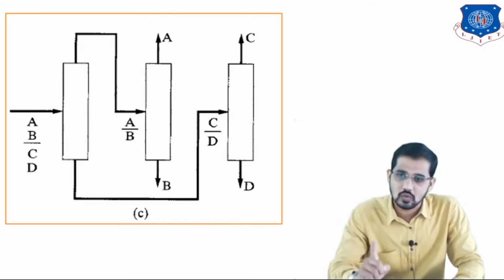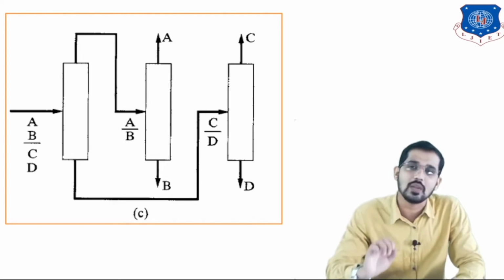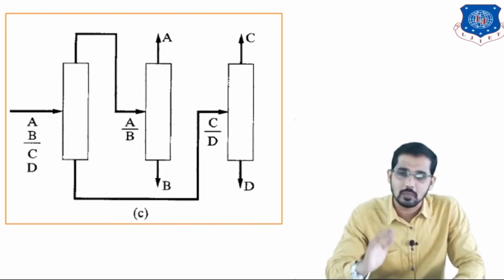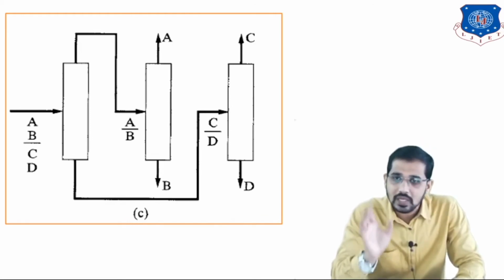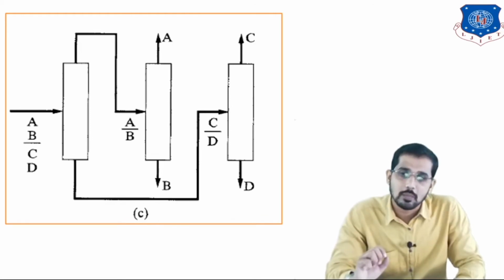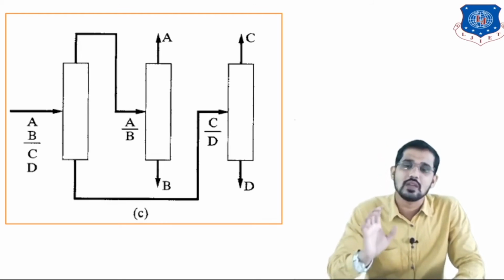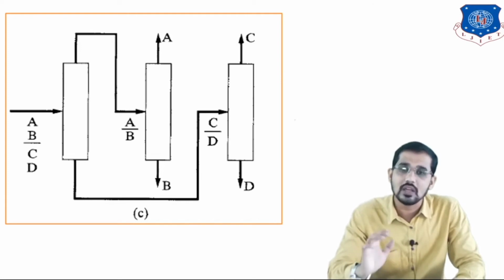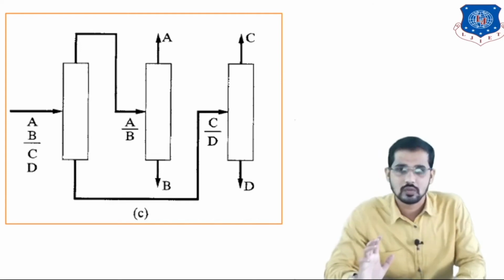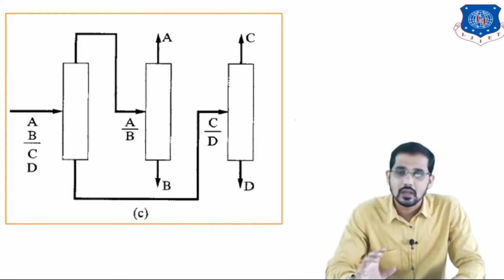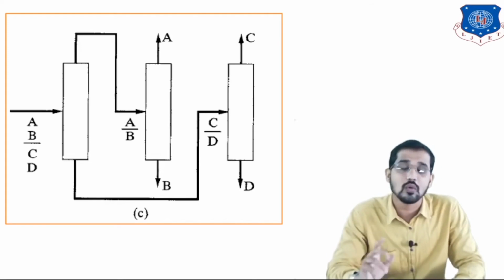The first distillation column separates AB from CD, followed by the separation of A and B. The column where we are separating components A and B is operated at the minimum temperature, because the volatility of A and B is minimum. The boiling points of components A and B are minimum. That's why we are separating A and B in the distillation column which is operated at the lower temperature.